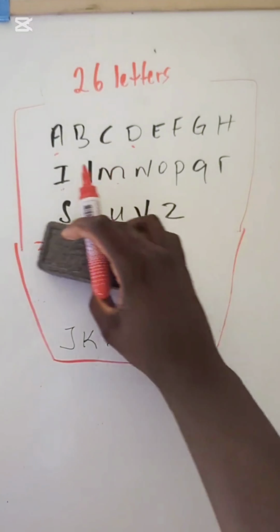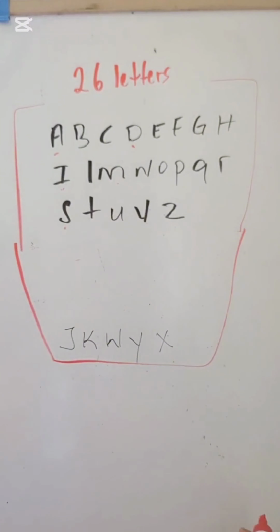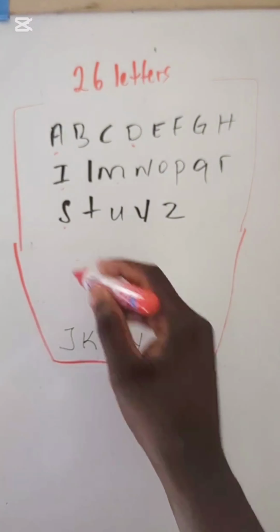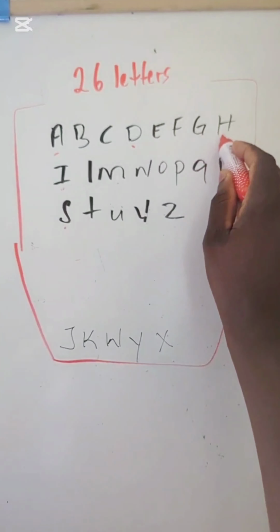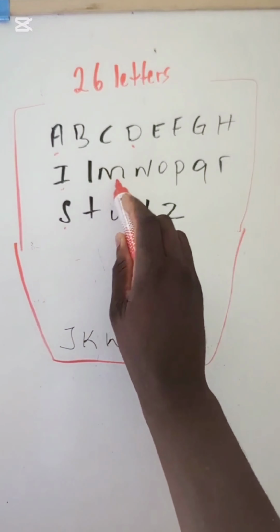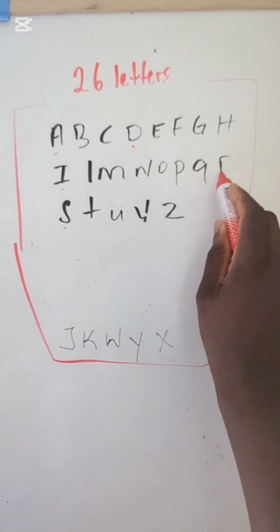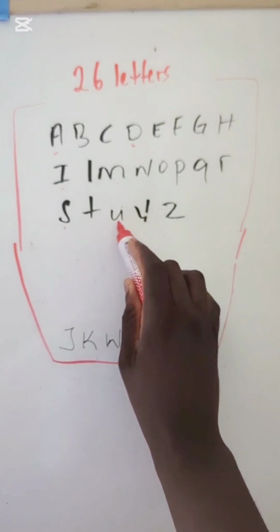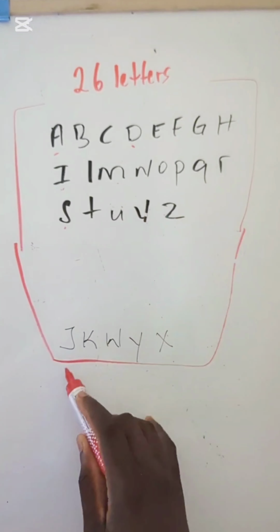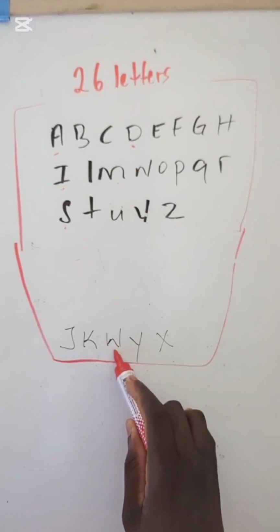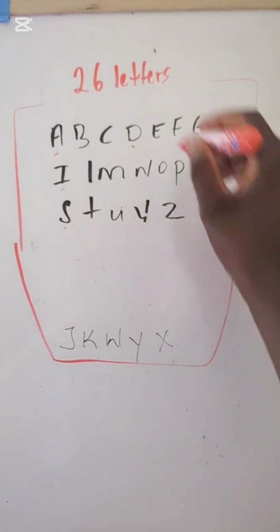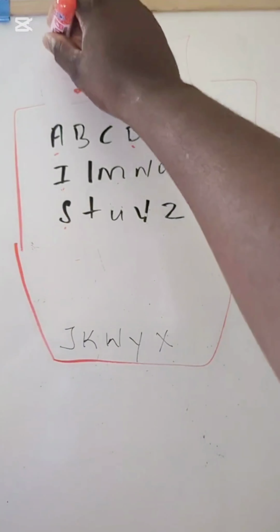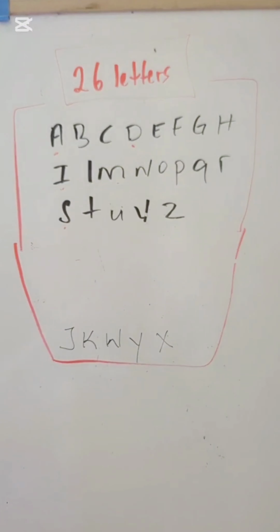This is the English alphabet. 1, 2, 3, 4, 5, 6, 7, 8, 9, 10, 11, 12, 13, 14, 15, 16, 17, 18, 19, 20, 21, 22, 23, 24, 25, 26. 26 letters make up the alphabet.